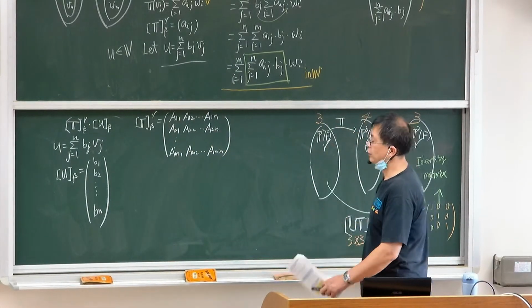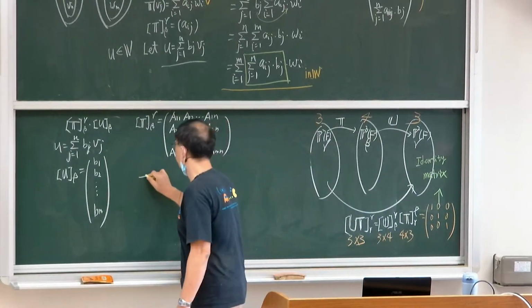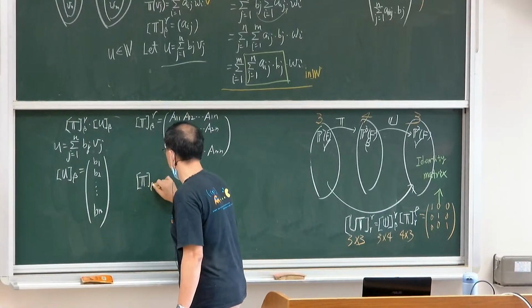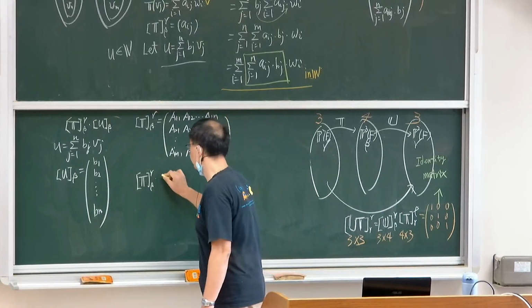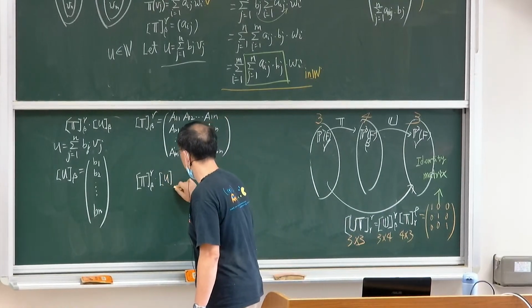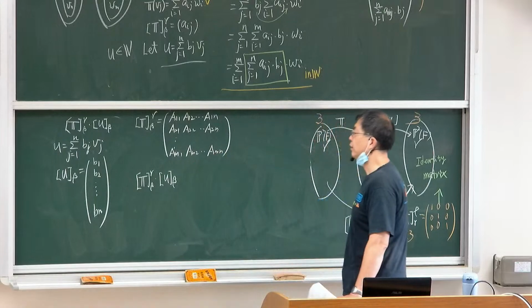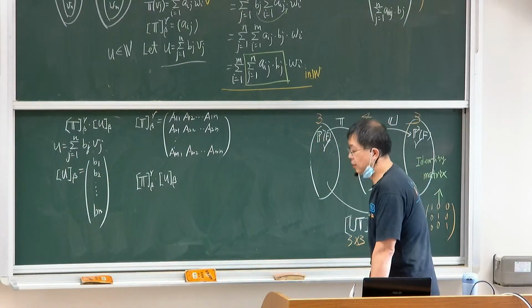Then we just take the multiplication of the matrix representation of T times the column vector U with respect to the basis.